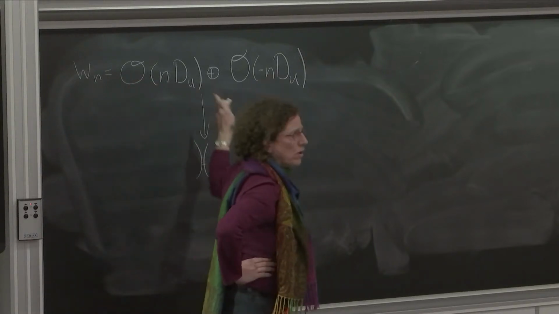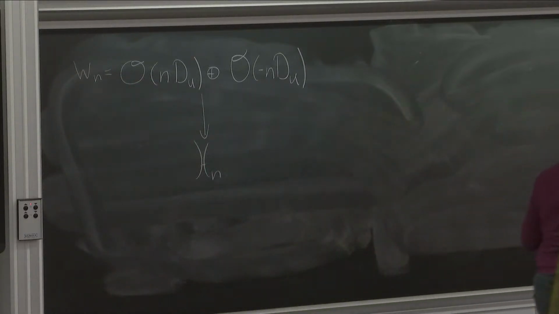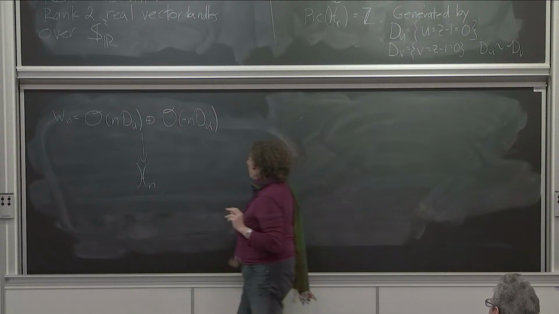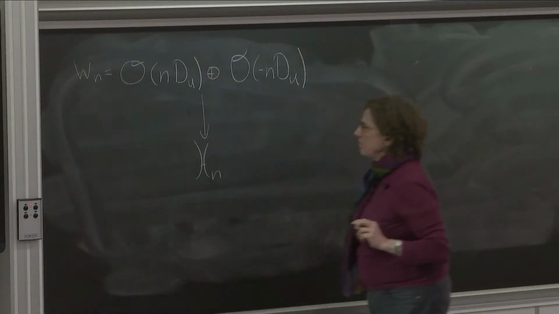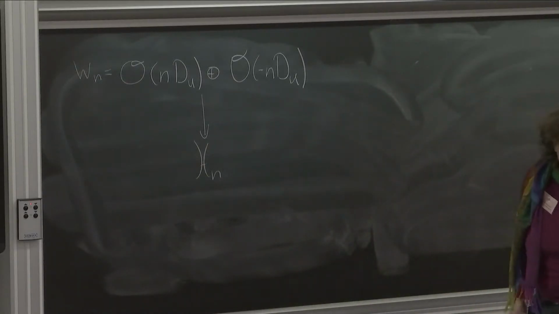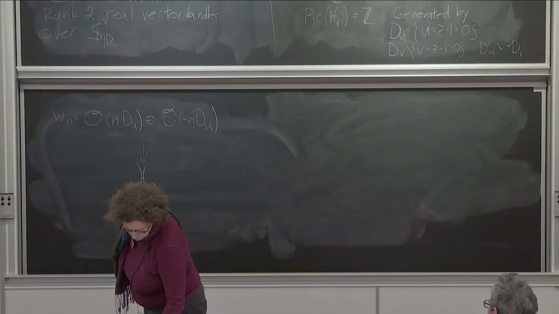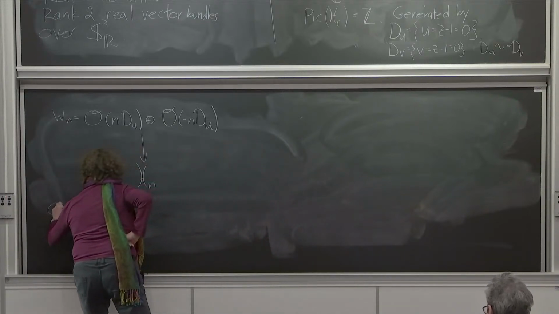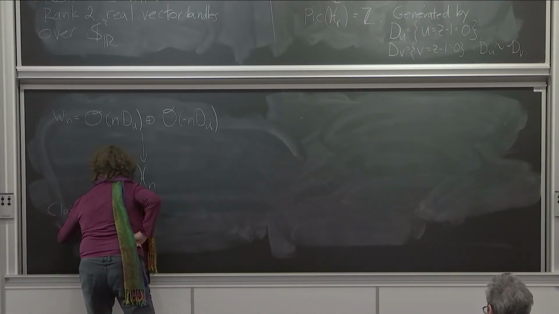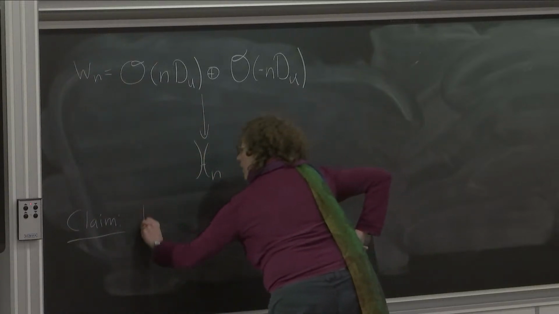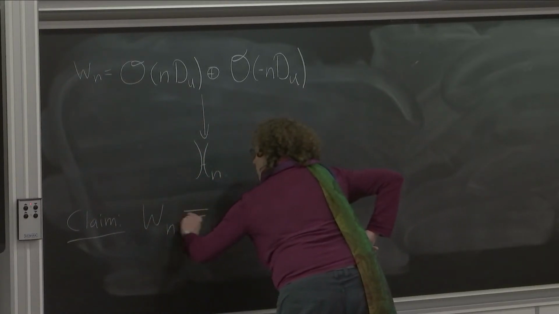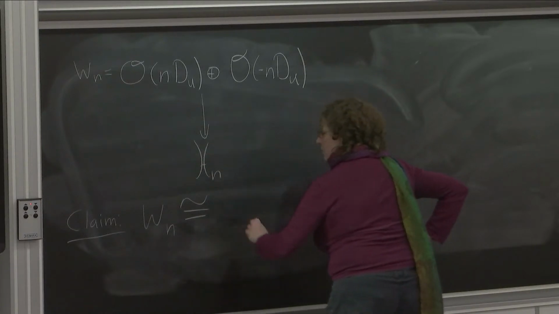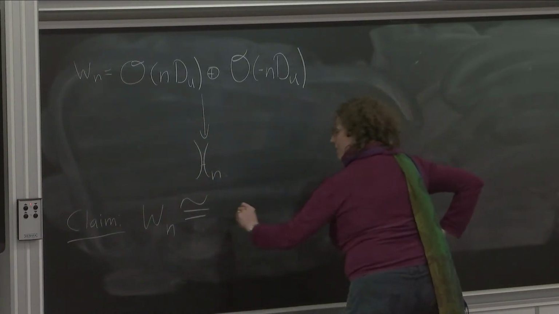It's the sum of 2 line bundles. So here's my rank 2 vector bundle, and my first claim is Wn is isomorphic to a trivial bundle.